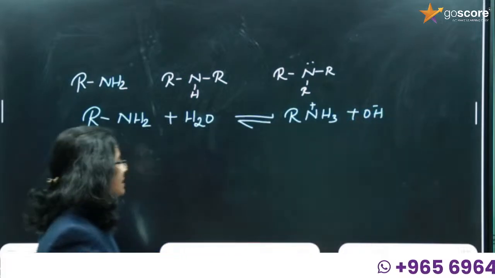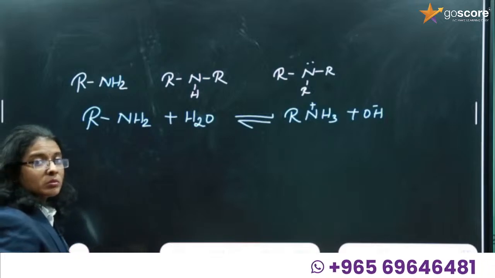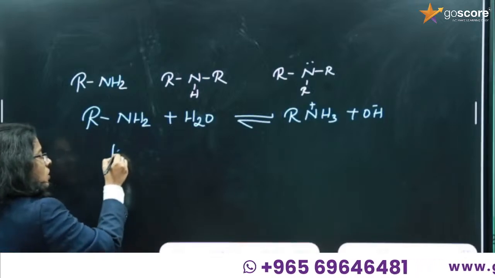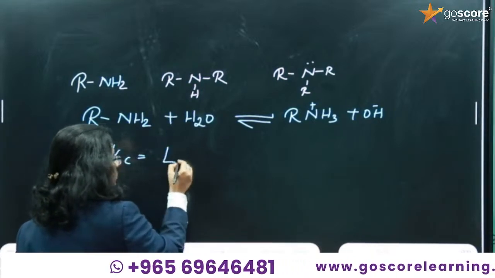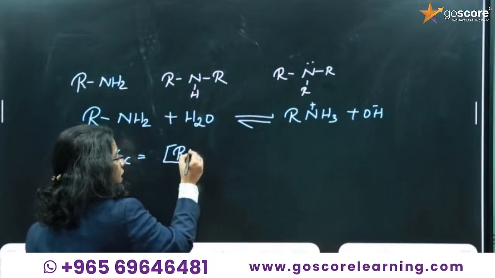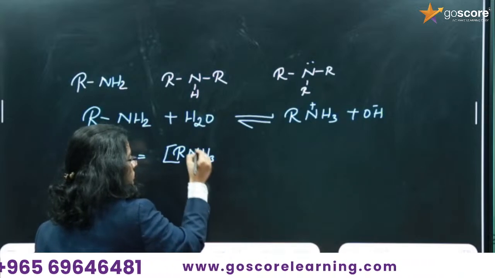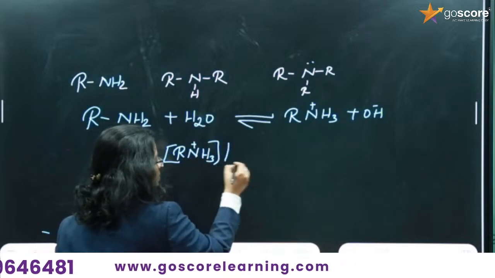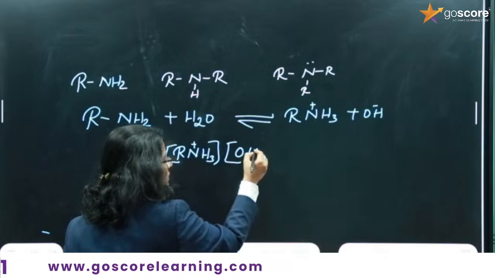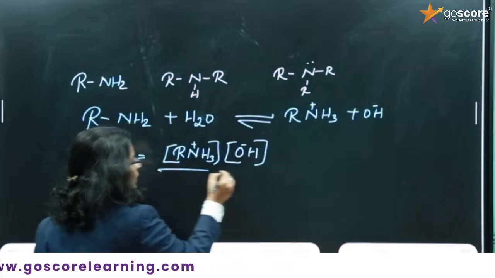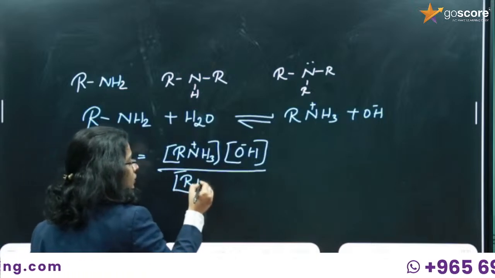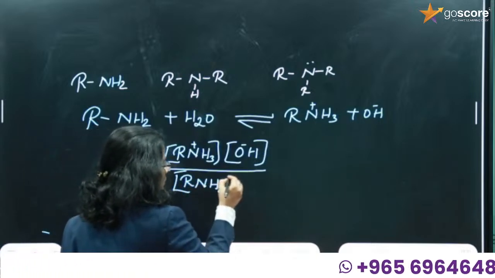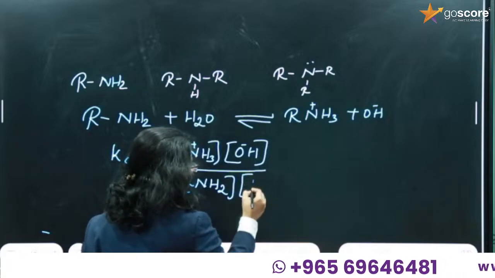So you all studied equilibrium constant in your 11th standard. How will you find the equilibrium constant? Kc is equal to the concentration of the products, RNH3+ and the concentration of OH-, divided by the concentration of the reactants, that is RNH2, into the concentration of H2O.